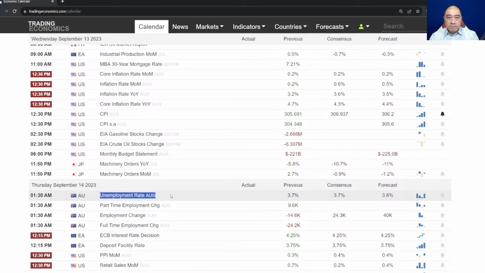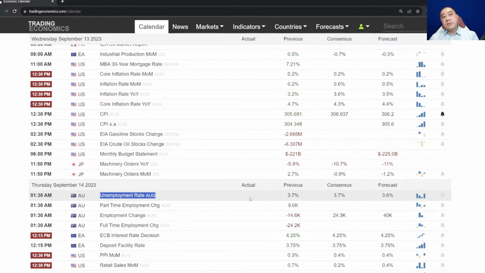If the unemployment goes up, that means it's bad for the economy, then the RBA would say, look, our employment sector is actually not doing that great. We might need to pause interest rates. So Thursday is actually a high impact news. It's listed as a medium impact news, but it's actually a pretty high impact news.